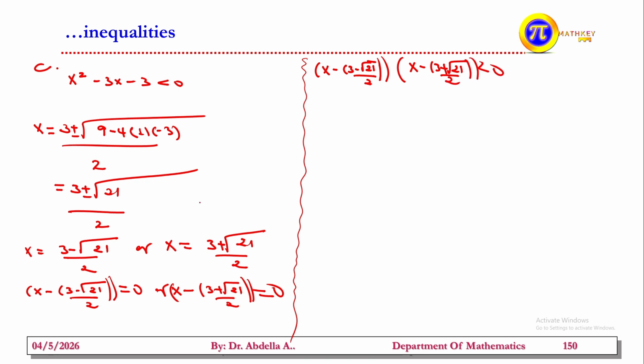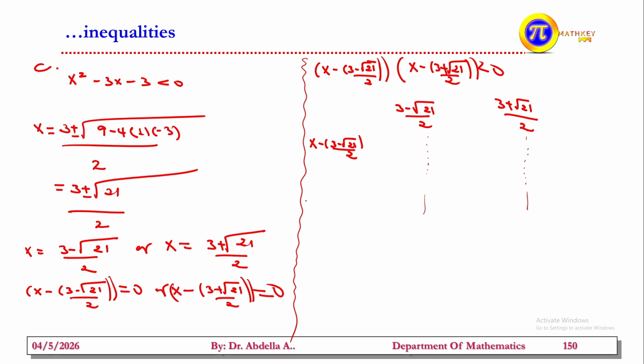The zeros are the values, and by considering the zeros and factorizing this, by equating this to 0, we can apply a sign chart. The zero here is 3 minus the square root of 21 over 2. The other one is 3 plus the square root of 21 over 2. Then factorize this. x minus 3 minus the square root of 21 over 2.